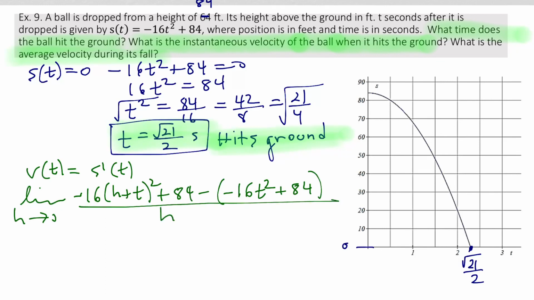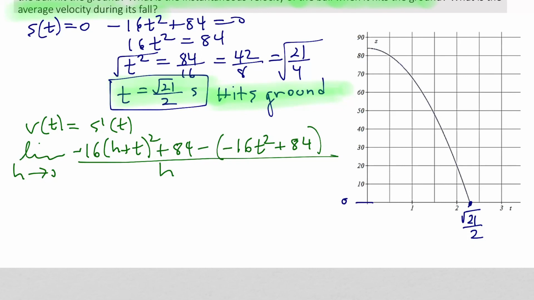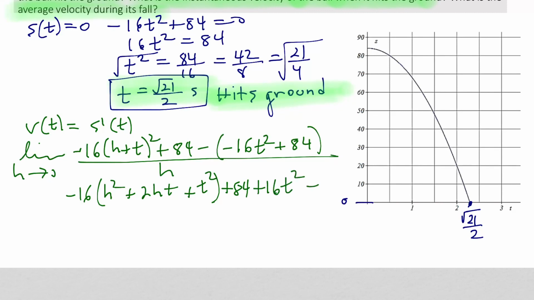All right, so let's simplify that numerator there. So that's negative 16 times h squared plus 2ht plus t squared, plus 84 plus 16t squared minus 84. So we can cancel the 84s.